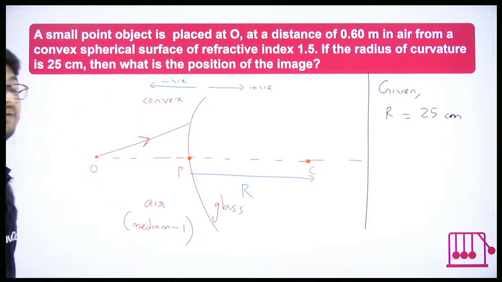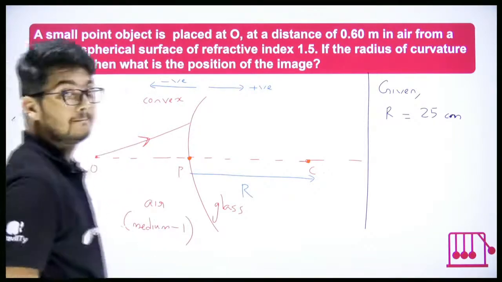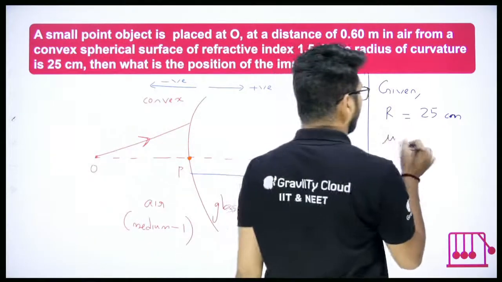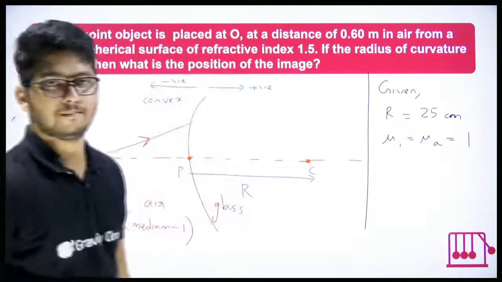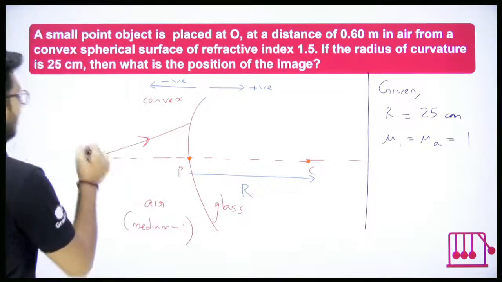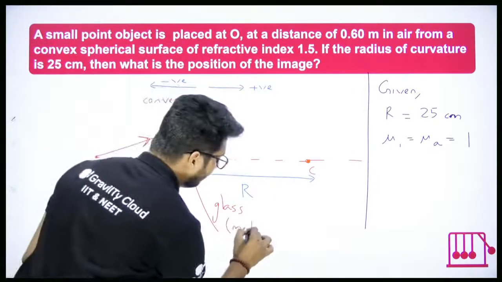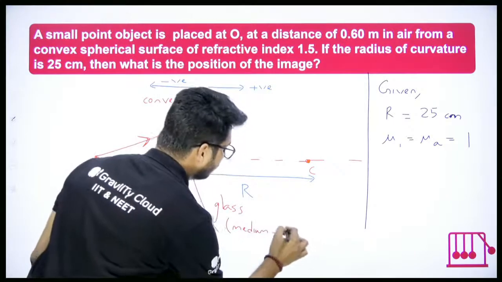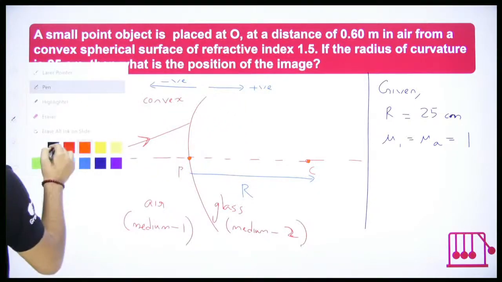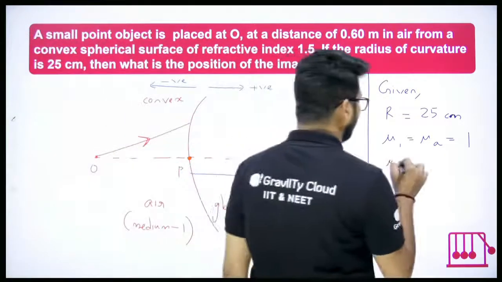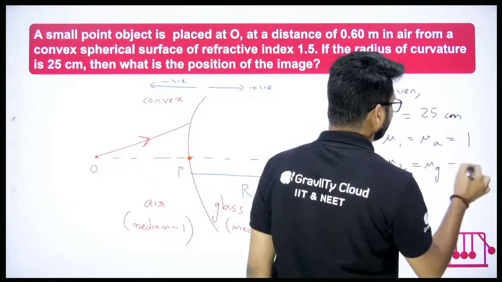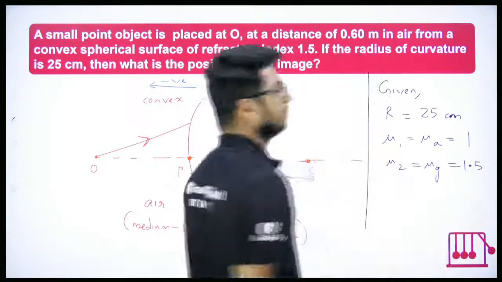And what is the refractive index of air, everyone? Refractive index of air is equal to 1. The glass is medium 2, and its refractive index is given as 1.5. Mu 2 is the refractive index of glass, that is 1.5.